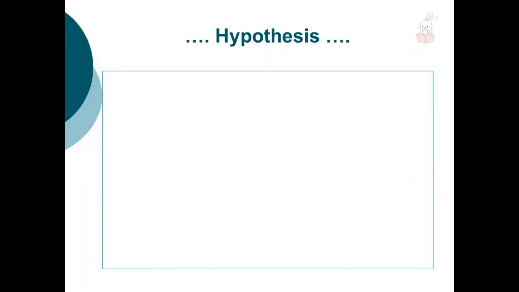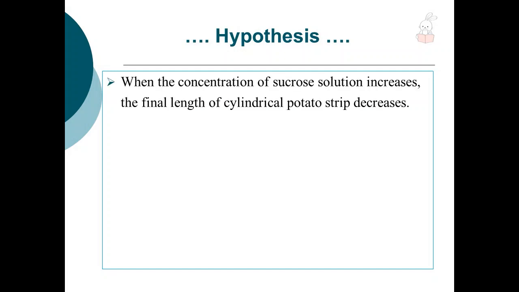Now, we look at the hypothesis. Hypothesis is a statement that shows the relationship between the MV and the RV. Based on the information given just now, here is the hypothesis that we can make. When the concentration of sucrose solution increases, the final length of cylindrical potato strip decreases.